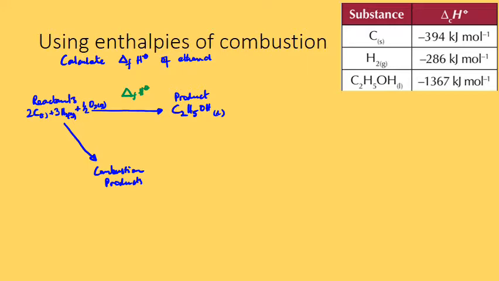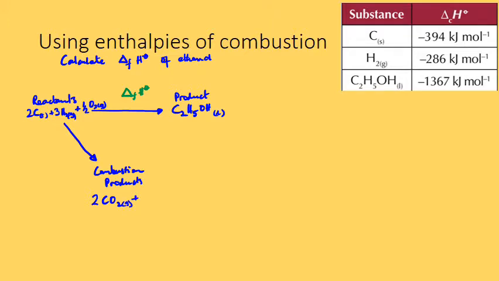And our combustion products, if you combust carbon, you're going to get carbon dioxide, and you've got 2 atoms of carbon, so you're going to have 2 moles of carbon dioxide given off.